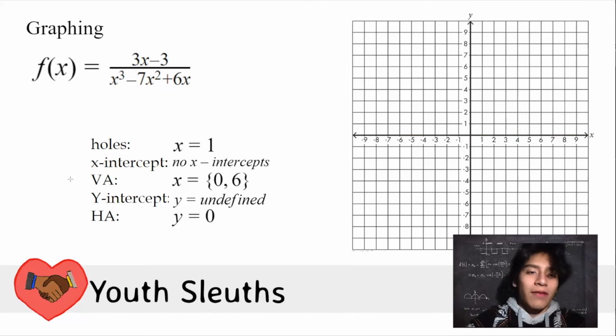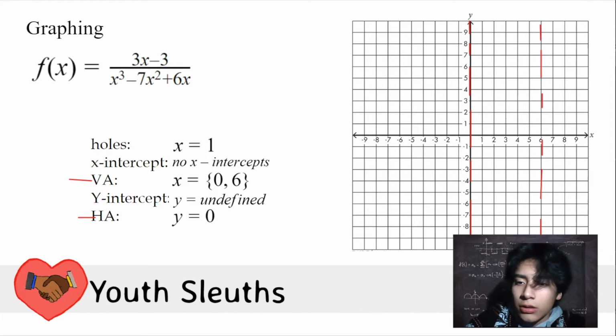Let's start by graphing the vertical asymptotes. So, our first vertical asymptote is when x equals 0, so drawing a line on x equals 0. And then our next one is when x equals 6. So here we have another dashed line.